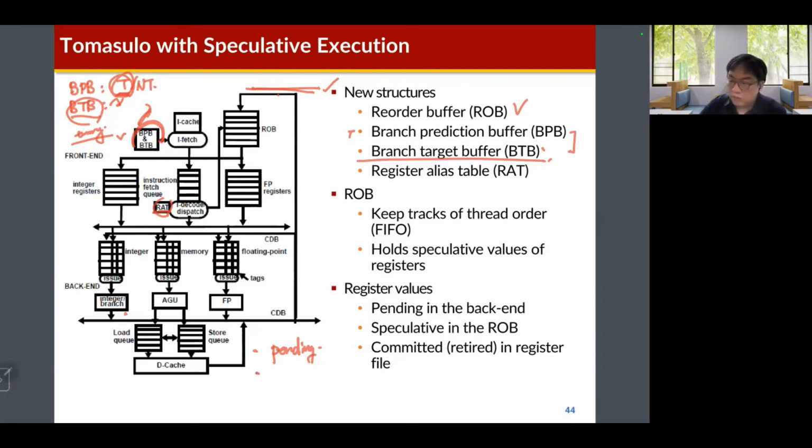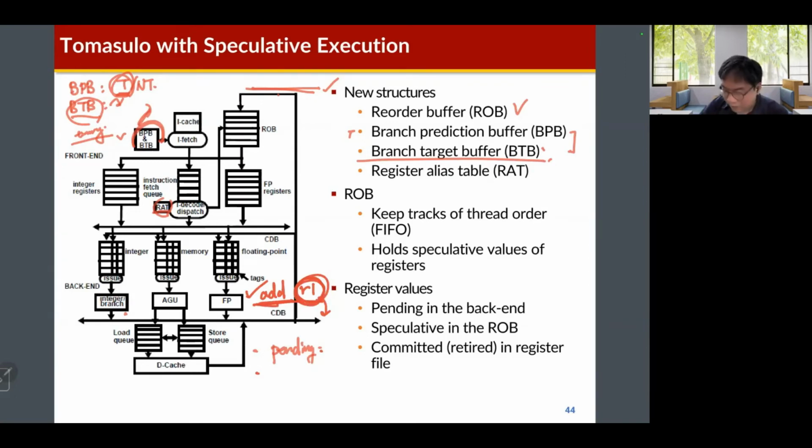So actually the register file has three different states. The first state is pending, it's the same. The instruction is dispatched. If the destination register of this instruction is R1, I explain the state of this register.